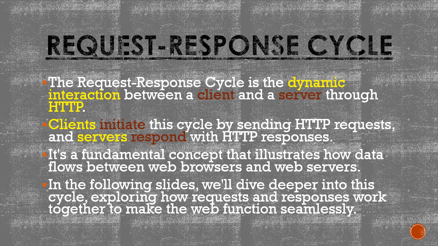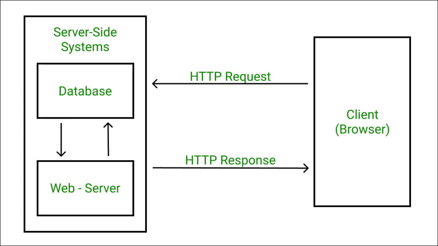The request response cycle is fundamental to understanding how data flows between web browsers and web servers. It forms the basis for communication in web development. This cycle illustrates the back and forth flow of data between client and server, showcasing how information is requested and delivered over the web.